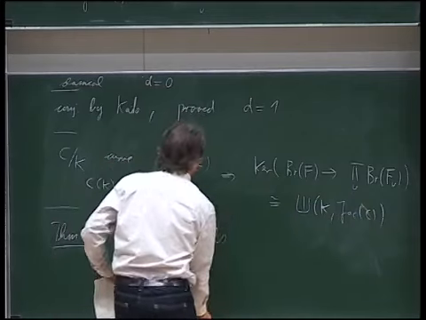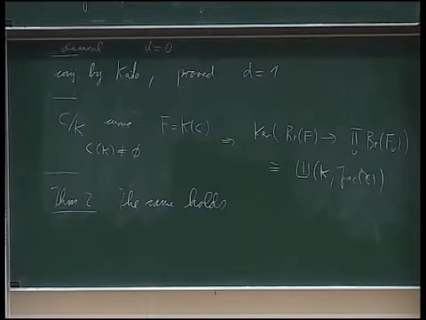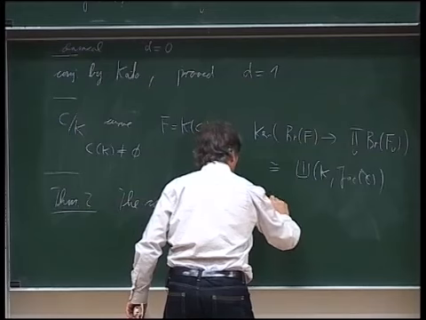and now here I should be a little bit careful. I think probably this can be done, but in the moment I can only do this away from the characteristic.